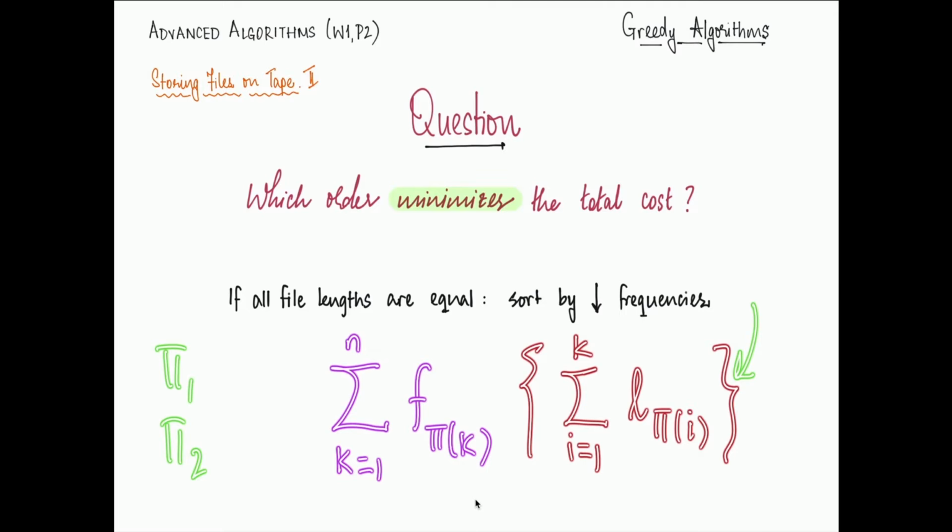So now it's just a matter of figuring out which frequency we want to associate with which weight. And it should come across as natural that you want the highest frequency to be associated with the lowest weight and the smallest frequency to be associated with the highest weight. So this is the reasoning for why we want to order files according to decreasing frequencies.